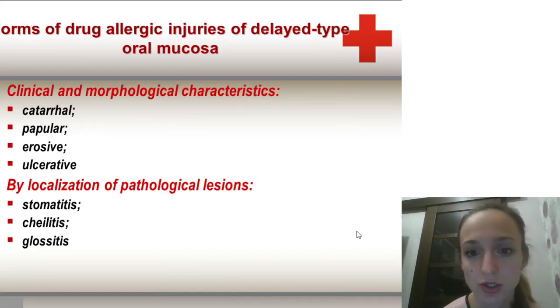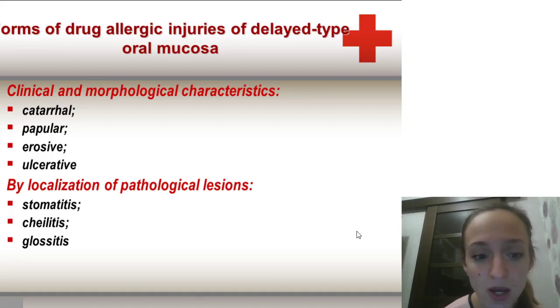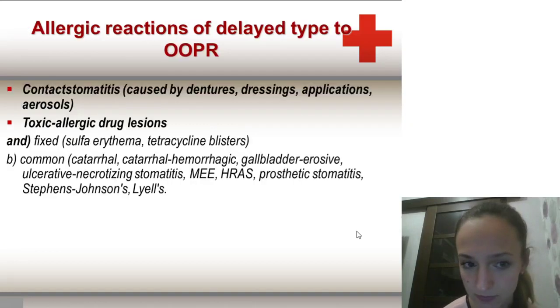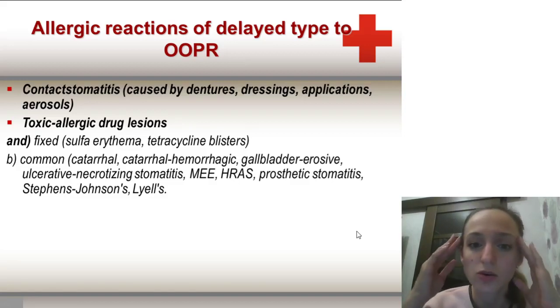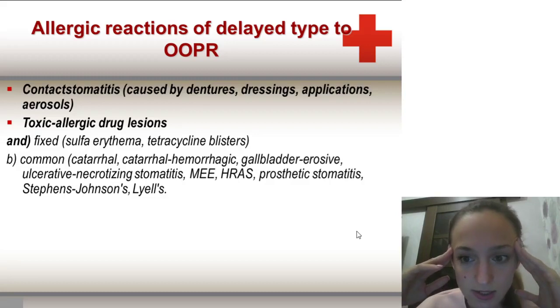Forms of drug allergic injuries of delayed type of the oral mucosa. By clinical and morphological characteristics: catarrhal, papular, erosive, and ulcerative. By localization of pathological lesions: stomatitis, cheilitis, and glossitis. Allergic reactions of delayed type: contact stomatitis caused by dentures, dressings, applications and aerosols.